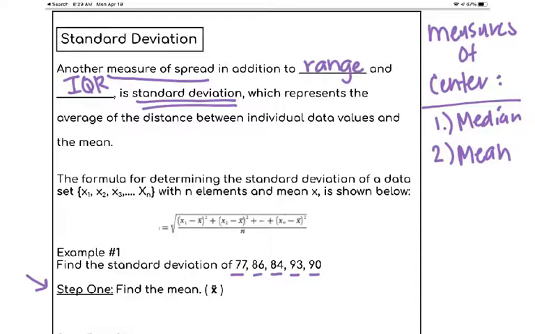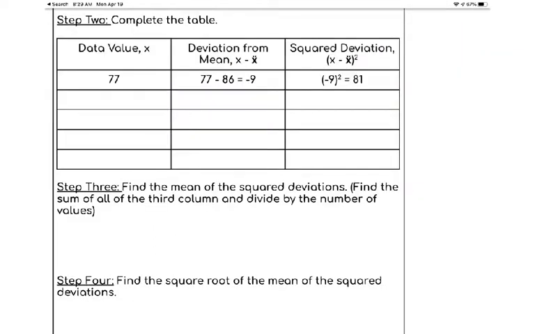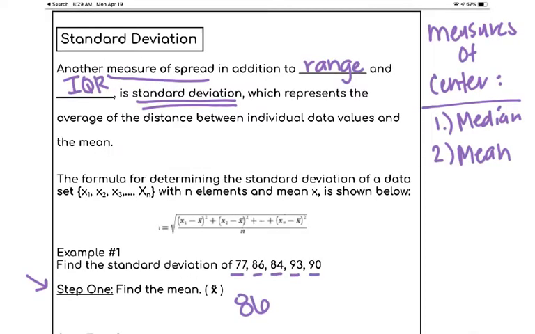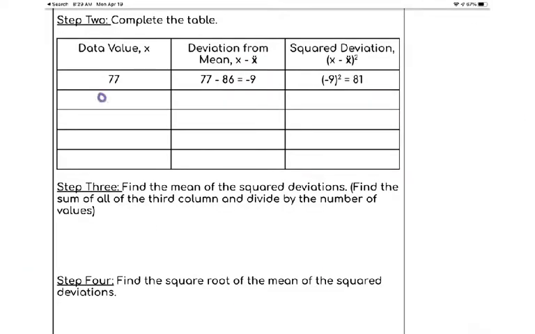So you should have already found the mean as being 86. Okay, this is your mean. Now we're going to set up a table of all of our data values. So we have 77, we have 86, 84, 90, and 93. Okay, so those are all of the data values in our set.